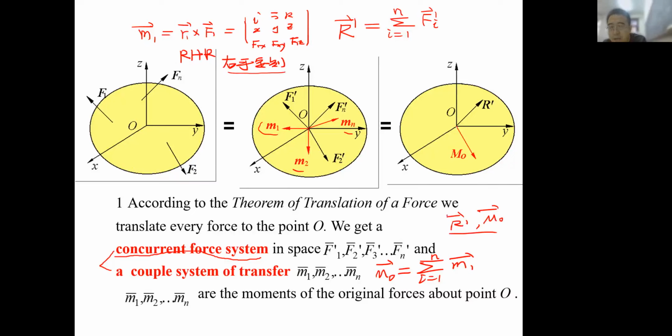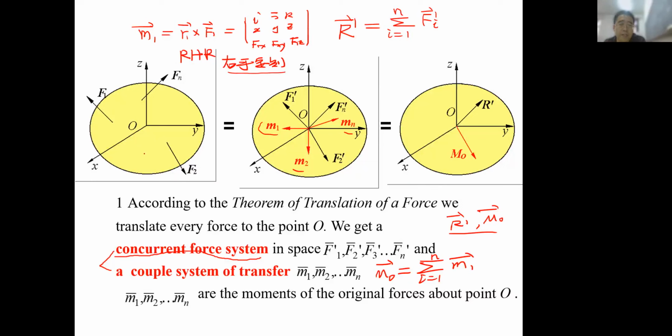You see, if we talk about this force system's equilibrium condition, we only need to analyze this R prime and MO, and that is enough. If we just think about this original force system, it's very difficult.